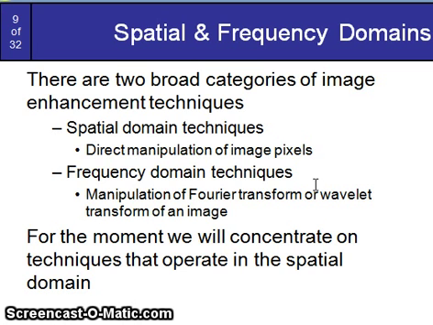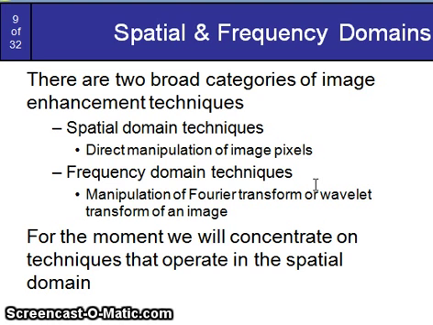We all know that taking the Fourier transform converts the signal from the time domain to the frequency domain. Any transform in signal processing converts the time domain signal into the frequency domain signal. As we have discussed already, an image is nothing but a two-dimensional signal.